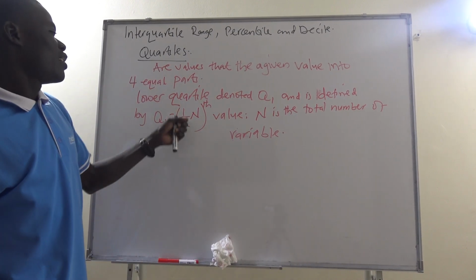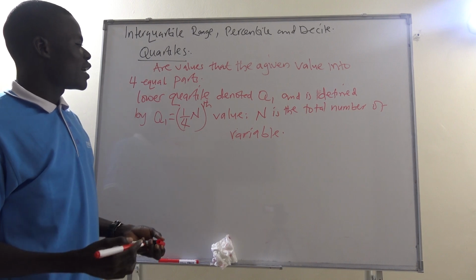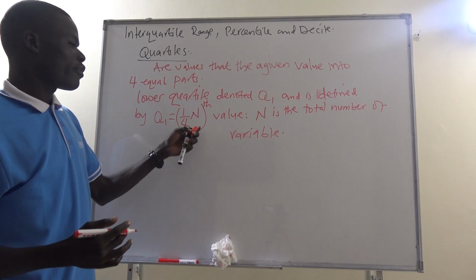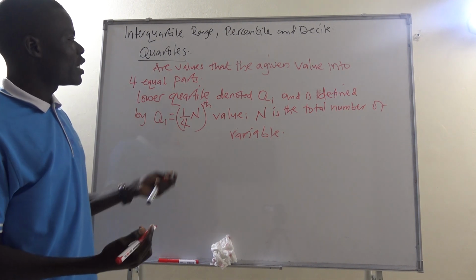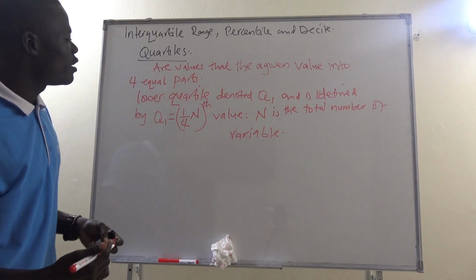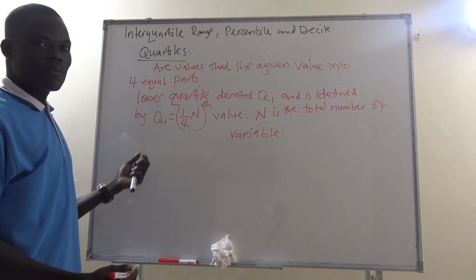So you may be wondering, what is the quarter of n's value? That n's value comes from cumulative frequency. It is the value which you read from cumulative frequency, and then you note the corresponding variable.